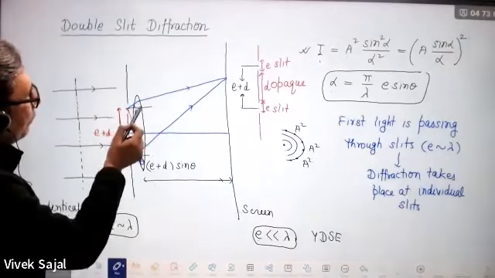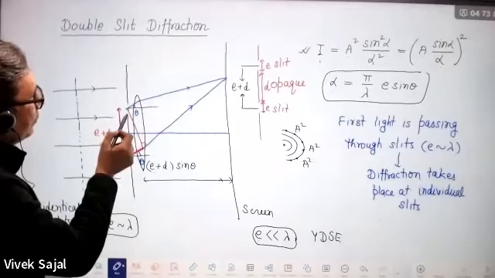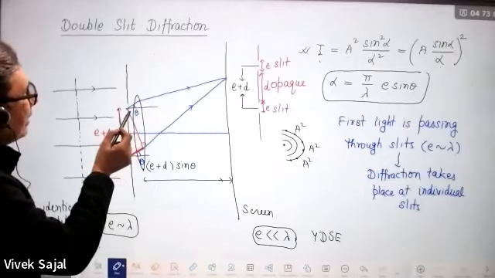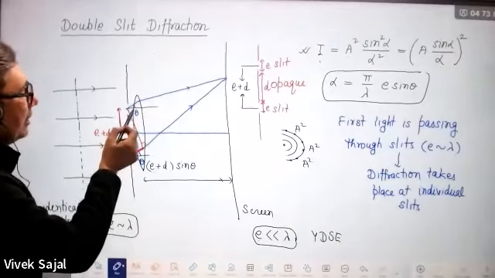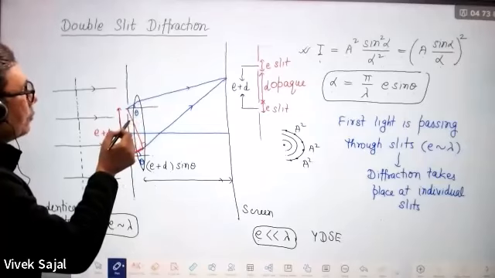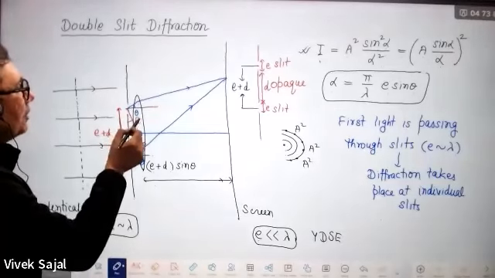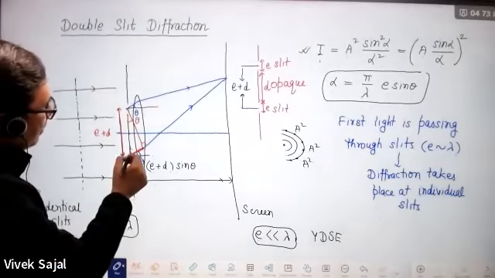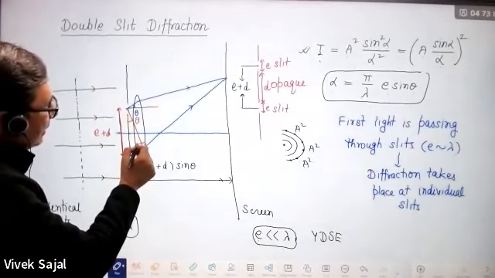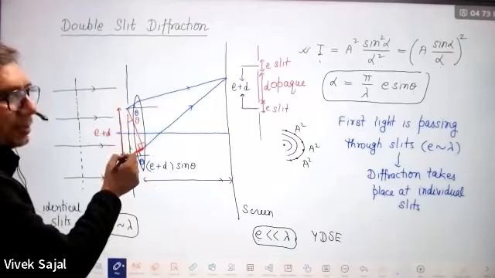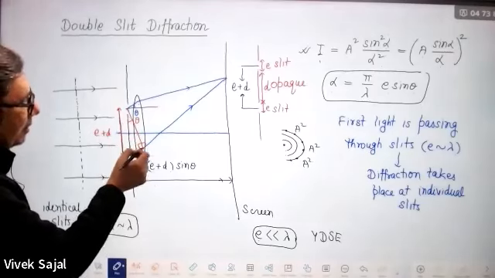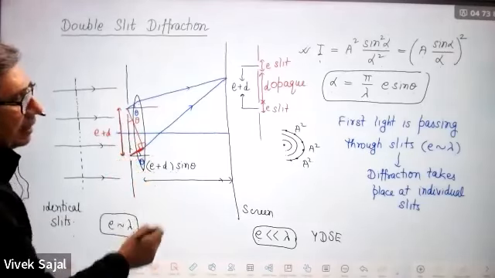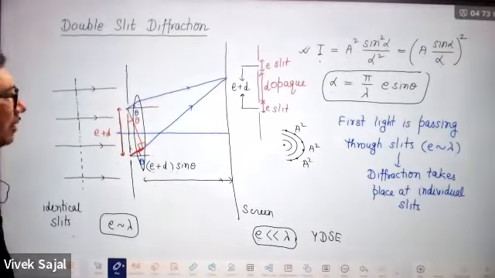So automatically from this line to this line, the angle is 90. This plus this is also 90, so automatically this angle is also theta. This is 90 degree here, this is the hypotenuse, this is theta. So this path will be E plus D sine theta.